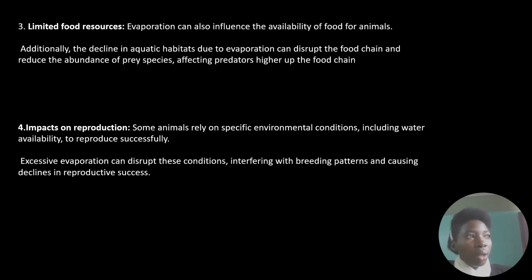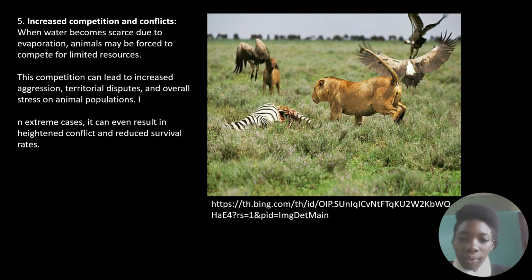When the evaporation becomes excessive, water bodies will evaporate, and the animals living there will be impacted by the change in the environment, so that they cannot reproduce as expected. So excessive evaporation can disrupt conditions, interfering with breeding patterns and causing a decline in reproductive success.